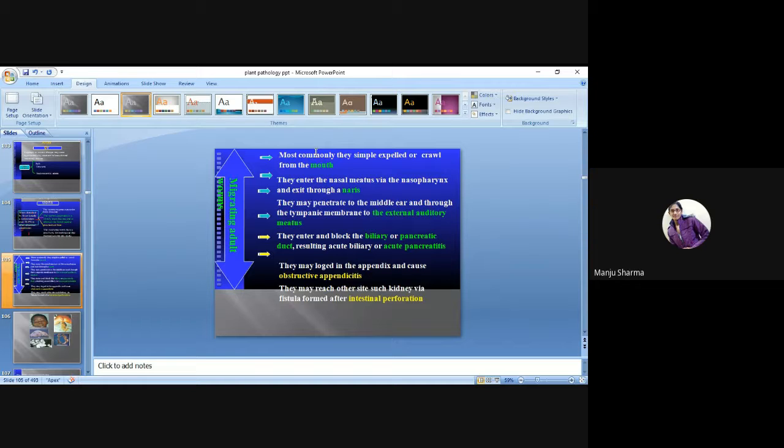They may reach other sites such as the kidney via a fistula formed after intestinal perforation.